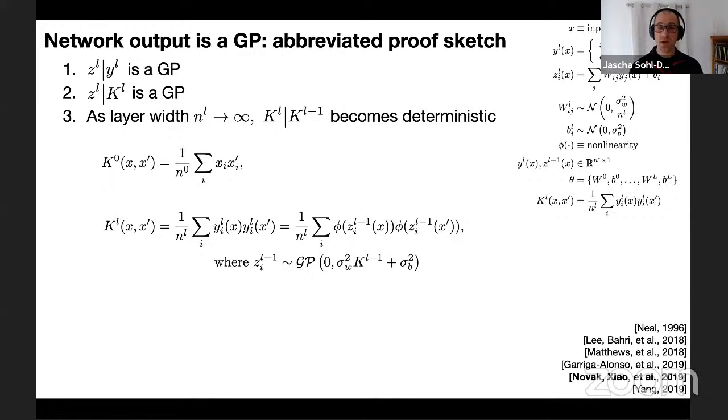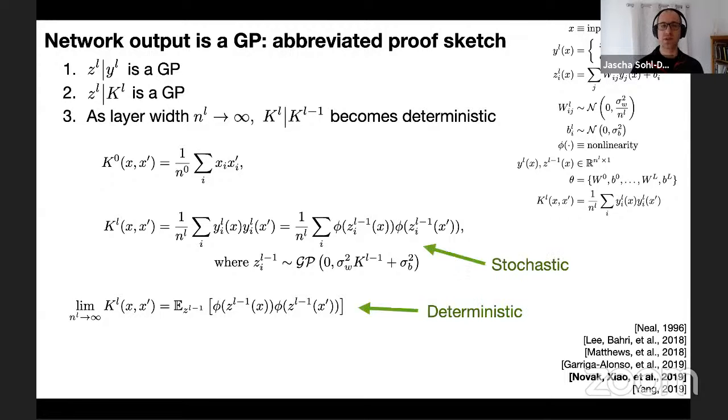From step 2, we know that ZL minus 1 is a Gaussian process conditioned on KL minus 1. This means that KL is just an average over NL units, each of which is drawn from a Gaussian process. As NL goes to infinity, so as the layer width goes to infinity for intermediate layers, a concentration of measure result applies, and we can replace this average over units with an expectation over the distribution generating unit values.